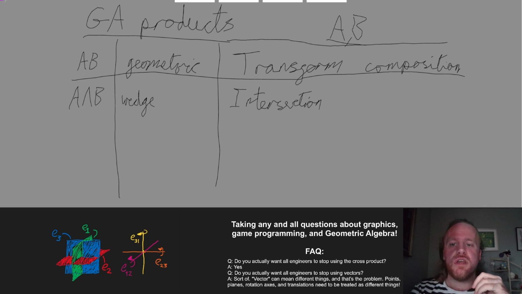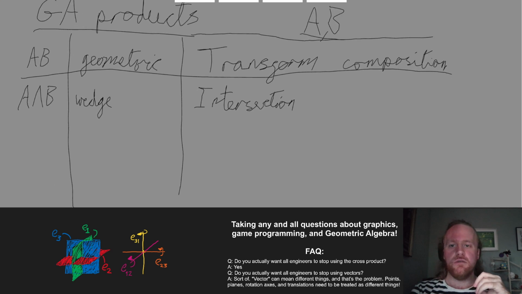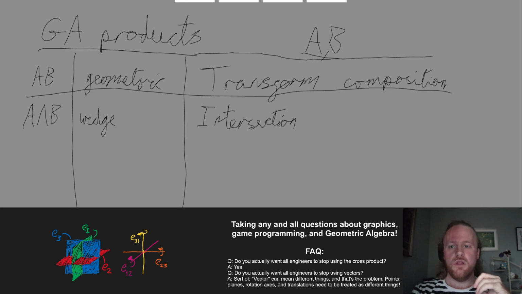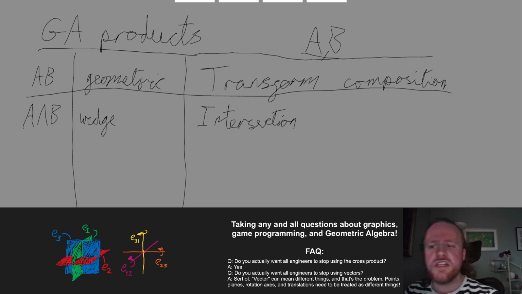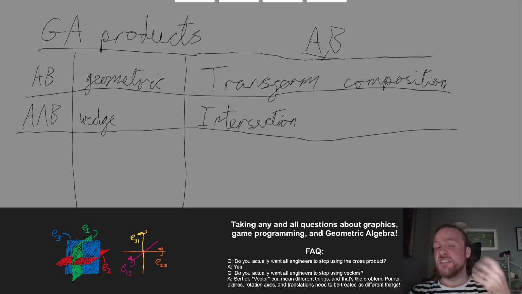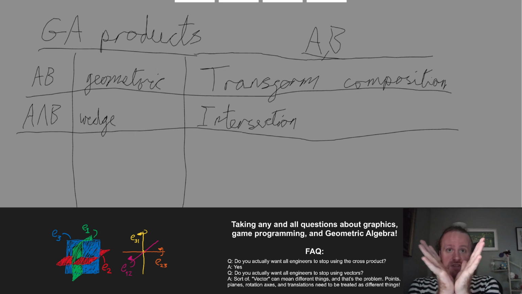And a thing that's interesting and useful is that it turns out that the wedge product is a part of the geometric product. There's an intuitive reason for that, which is that if you've got two planar reflections and you do a reflection in this plane followed by a reflection in this plane, you will get the line where the two planes meet each other.